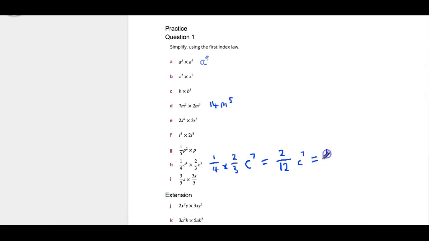And 2/12 is 1/6, C^7. And usually we write that with the C^7 at the top and the 6 on the bottom. Okay, so just remember 1/6 times C to the power of 7 is the same as C to the power of 7 on 6. All right, let's move on.